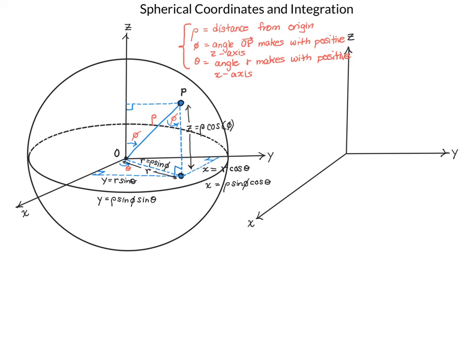And voila, what I have is how to convert from rectangular to spherical coordinates. z is rho cosine phi, y is rho sine phi sine theta, and x is rho sine phi cosine theta.